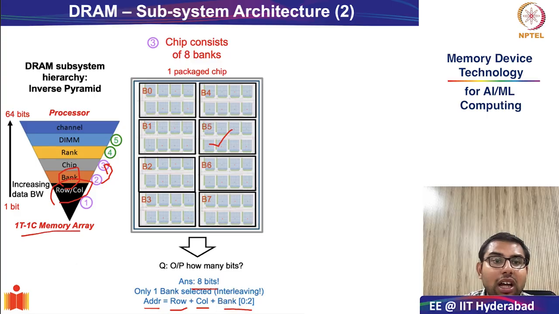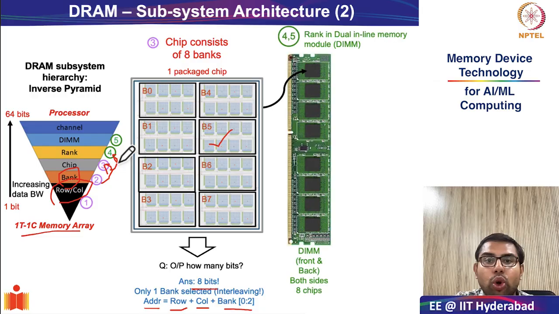With this understanding, let's go to the next part of our memory hierarchy, which is the concept of a rank. Now I am presenting to you an image which might be very familiar to you. Anybody who has assembled a computer or even opened a PC will see that the motherboard has slots in which you can insert these chips.